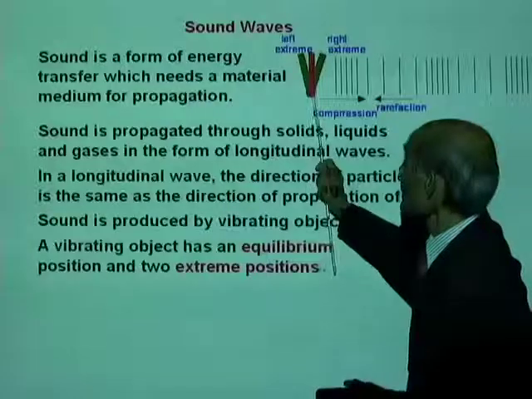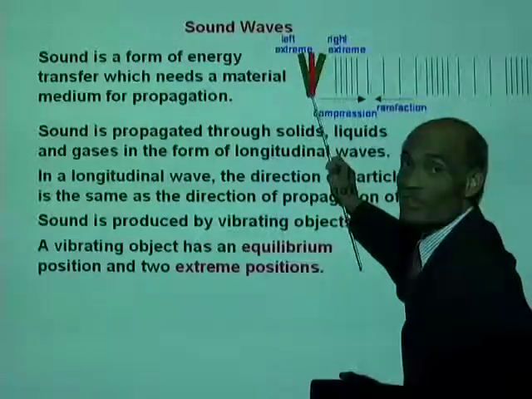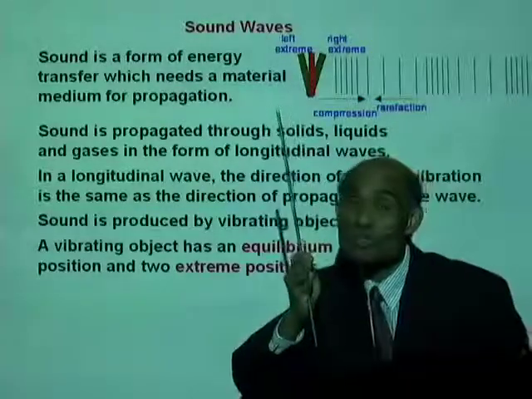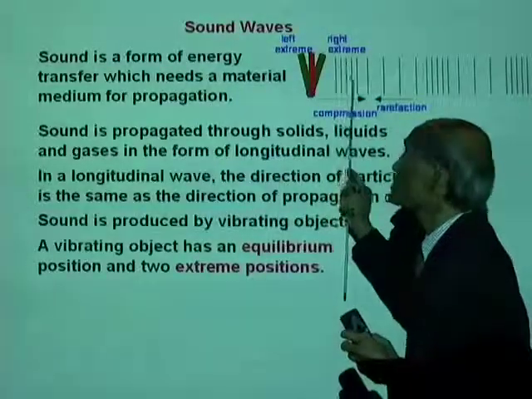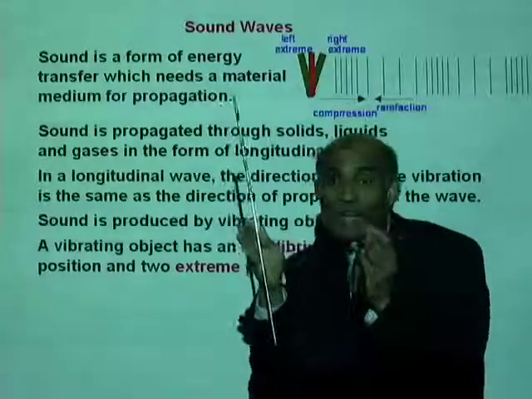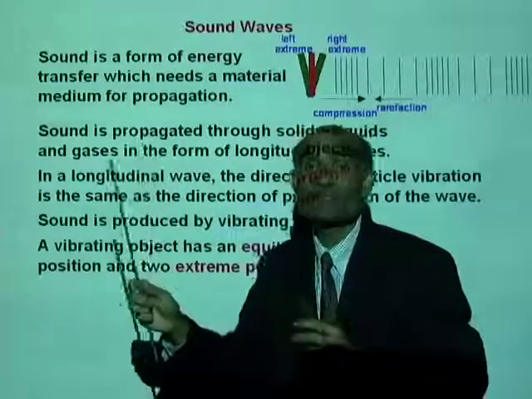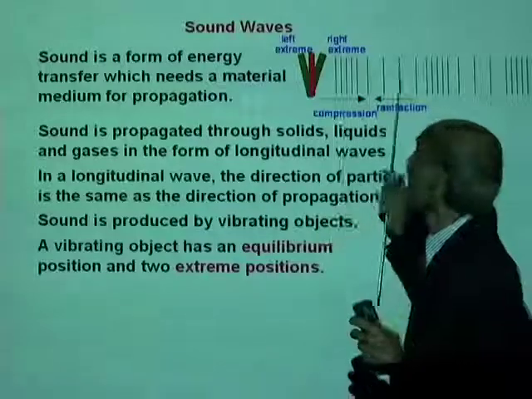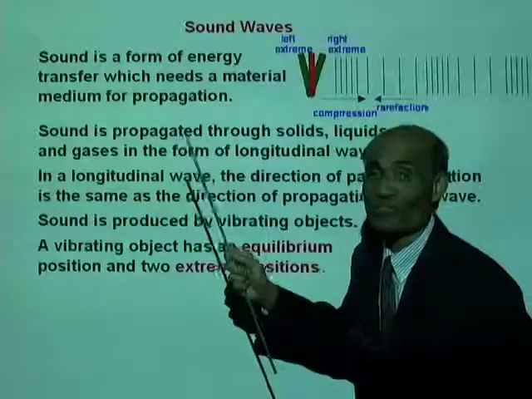Now, if the vibrating object is at the left extreme, as it moves to the right, it will push the particles of the medium together, forming a region of high density. You remember, longitudinal waves have regions of high density and regions of low density. Regions of high density are called compressions, and regions of low density are called rarefactions.